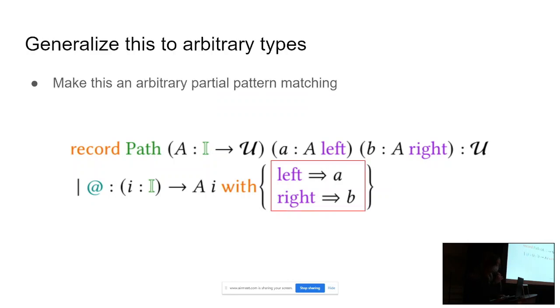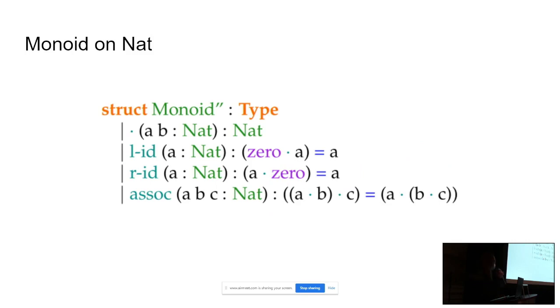And we can generalize this little piece into arbitrary types. So we can make this structure into any record with any partial pattern matching. So let's look at this structure.